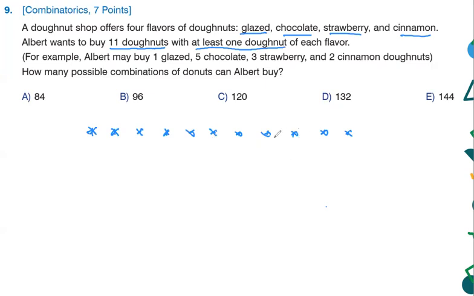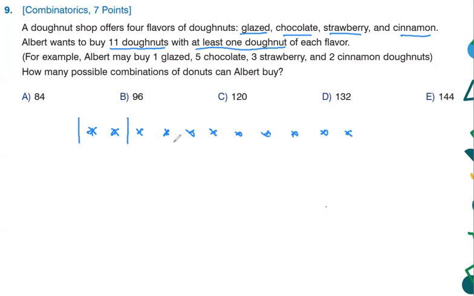Okay, so what we want is to divide the 11 stars into 4 groups because we want to get 1 of each at least. But when you divide this into 4 groups, I cannot do this.